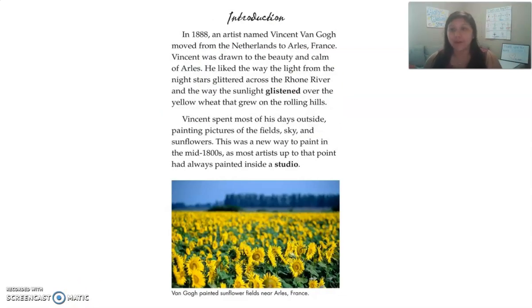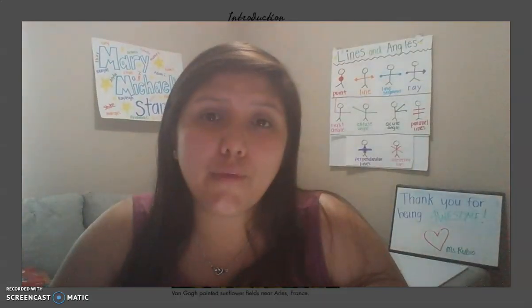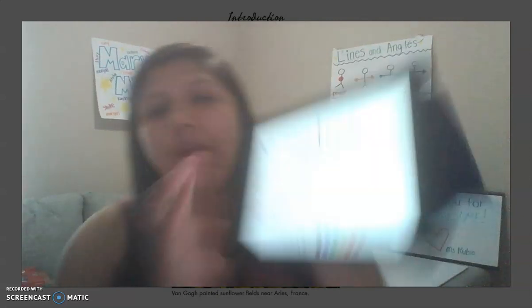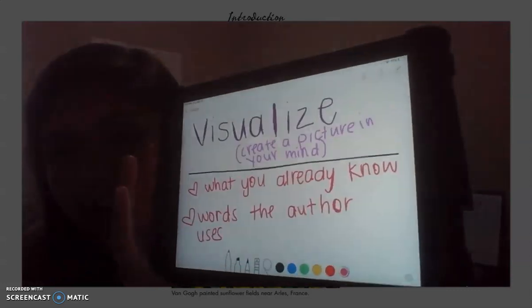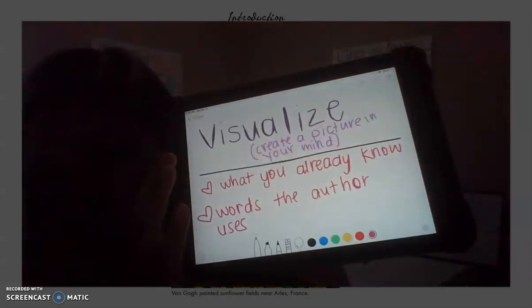As I said before, this week we are going to be focusing on the reading strategy, visualizing. I'm going to show you what I mean to visualize something. Before I model how to visualize, I want to give you the definition of it and how to do it. To visualize something is just to create a picture in your mind.